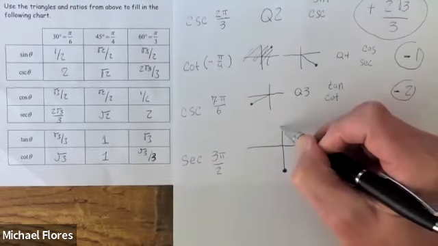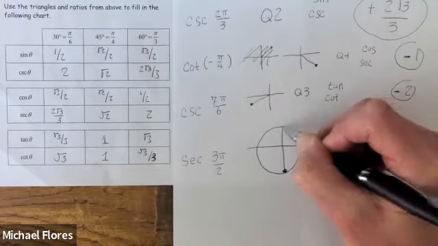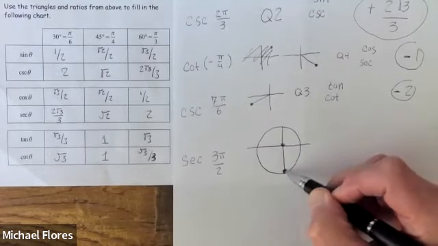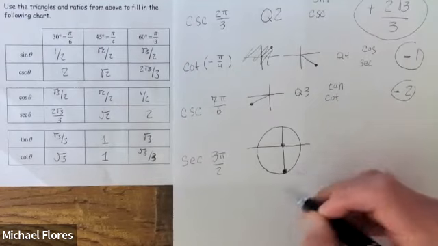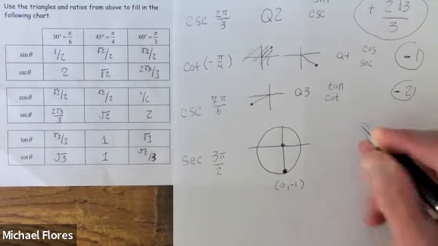Now on the unit circle, this is a bad drawing, but go with me. On the unit circle, 270 degrees, positive rotation would be here. That coordinate is 0, negative 1.